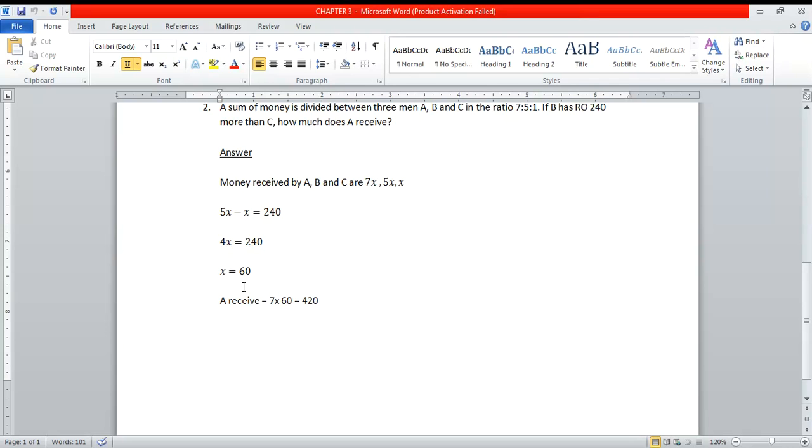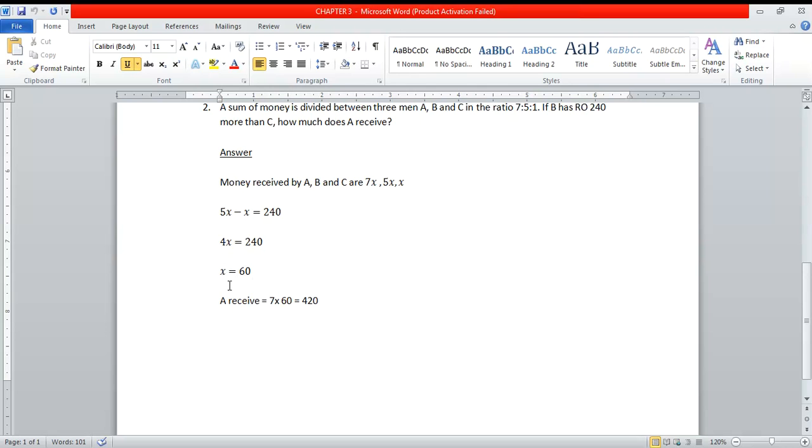So B has 240 Oman Riyal more than C. That means the amount with B minus the amount with C, that is 5x minus x, this difference will be equal to 240 Oman Riyal.